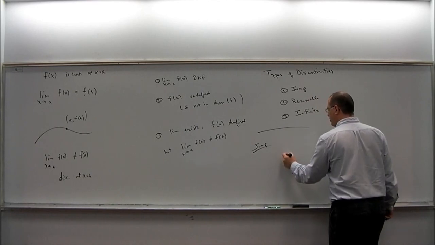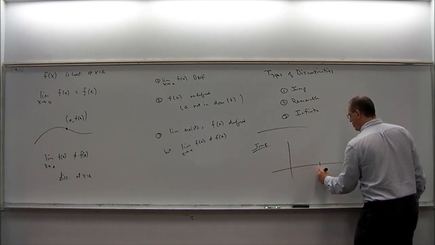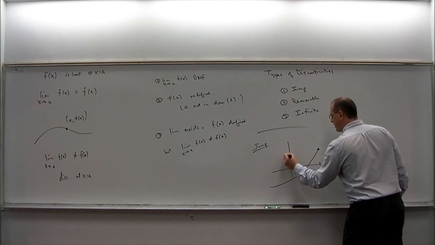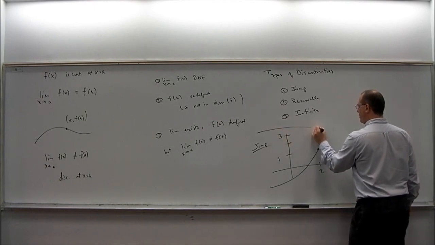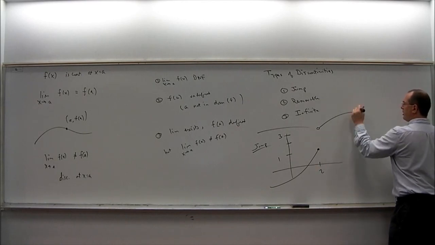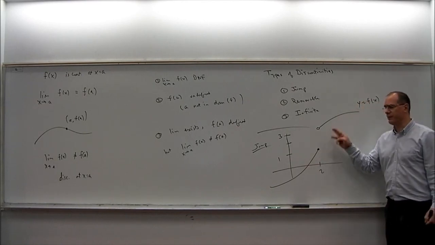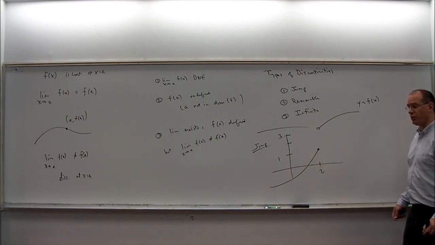In a jump discontinuity, we have a situation like this. Let's say this is x equals 2, and here's our curve at a height of 1. Then our curve picks up on the other side over here. This curve is y equals f of x. The function consists of these two separate pieces. We have a jump here when x is equal to 2. This is a jump discontinuity.